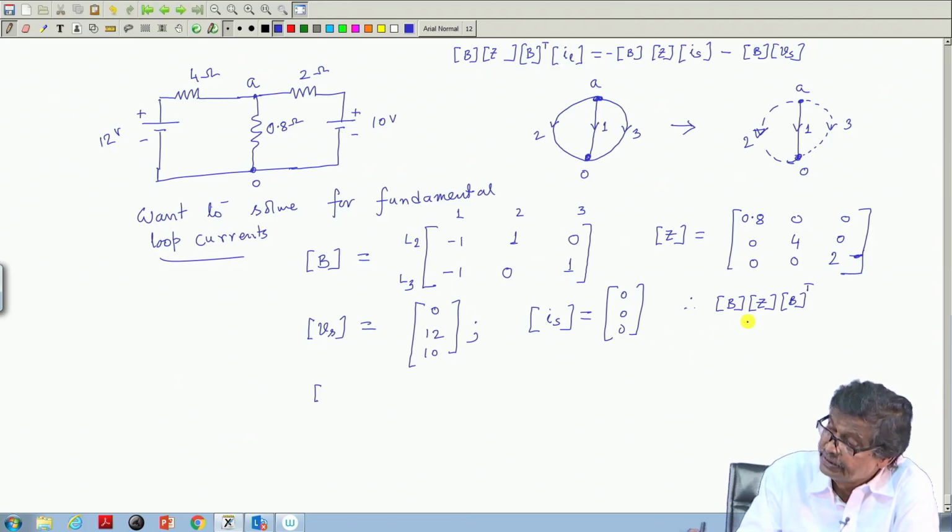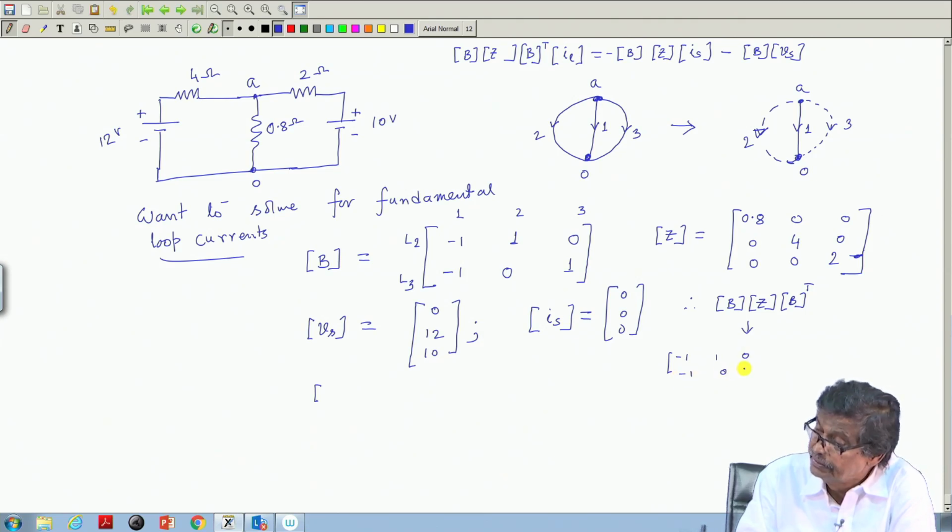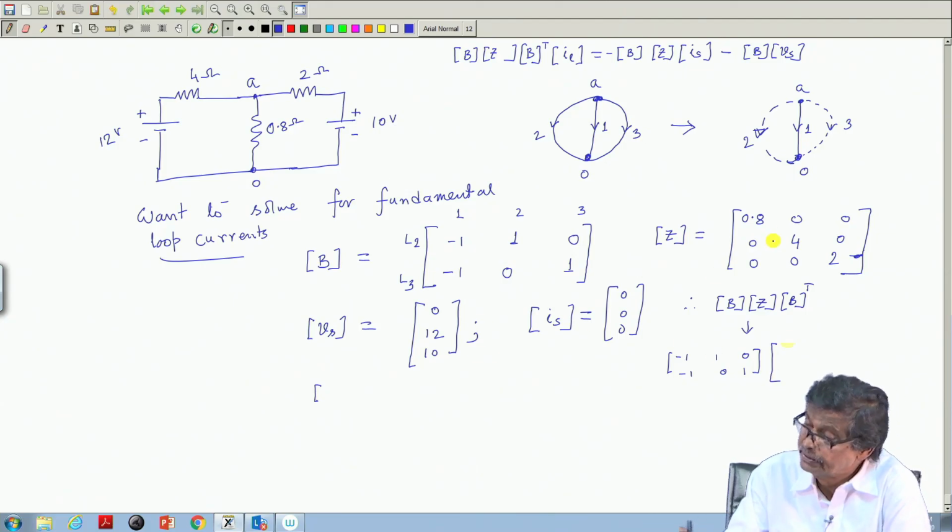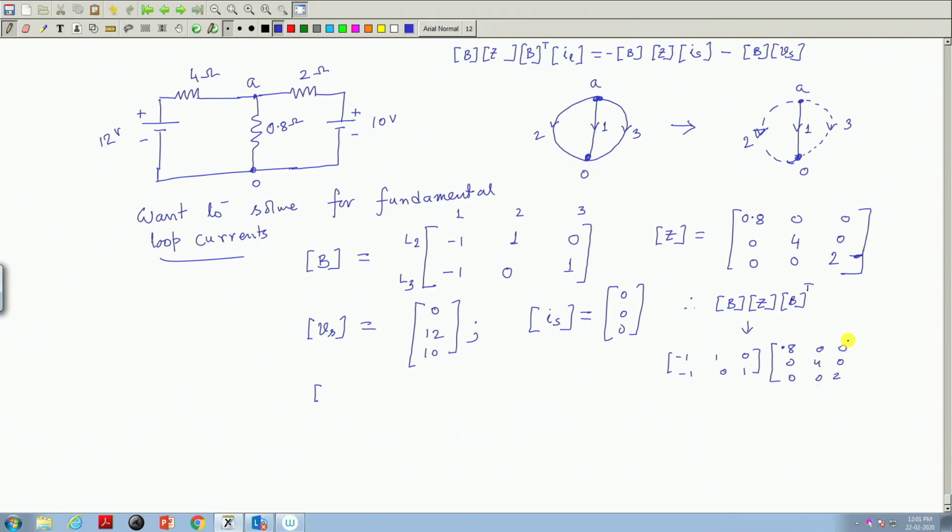So, this calculation means B, that is minus 1 1 0, minus 1 0 1, the B matrix. The Z matrix is this one: 0.8 0 0, 0 4 0, 0 0 2, into B transpose. B is known, its first row becomes first column. So, minus 1 1 0 and minus 1 0 1.